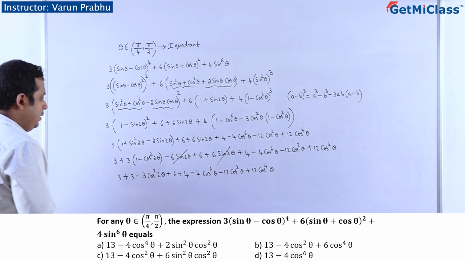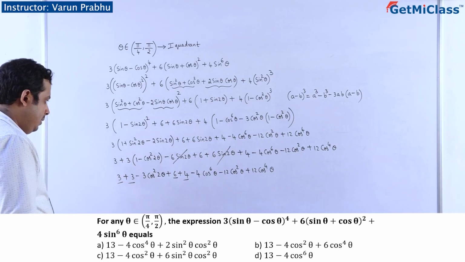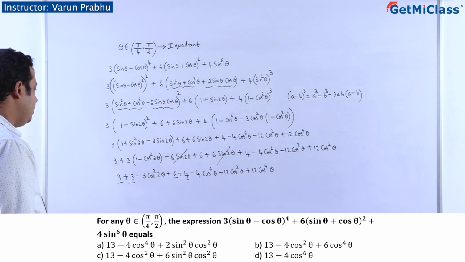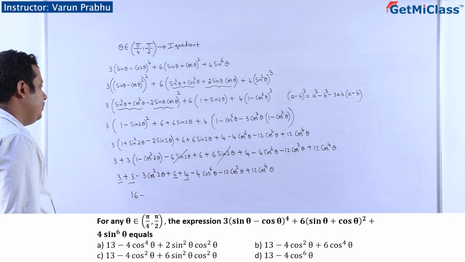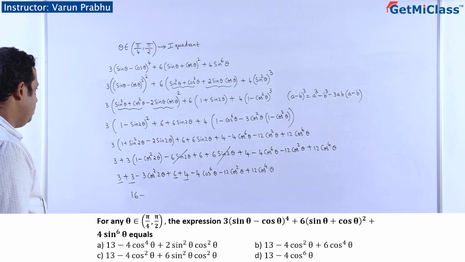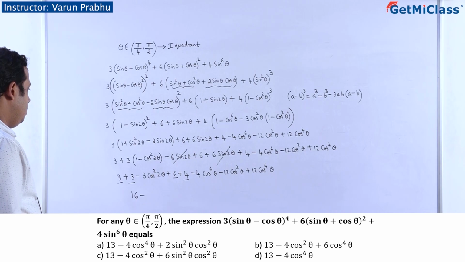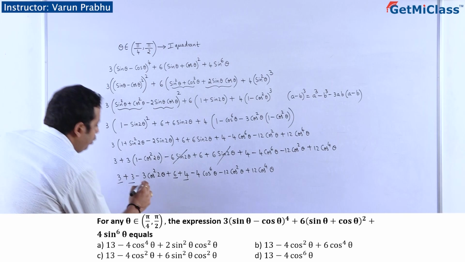So now we can say 6 plus 4 is 10, plus 3 is 13, plus 3 will be 16, minus 3 cos squared 2 theta.